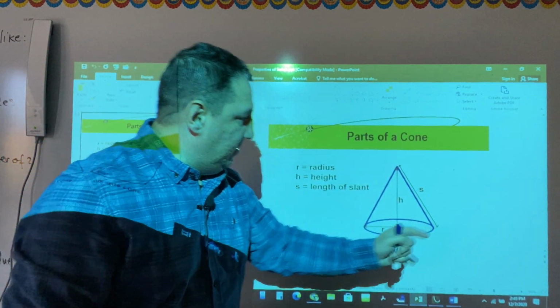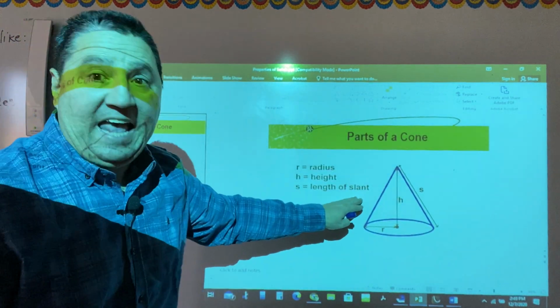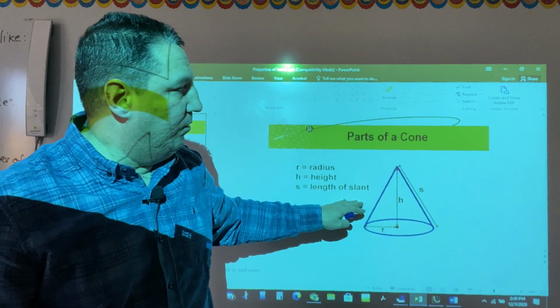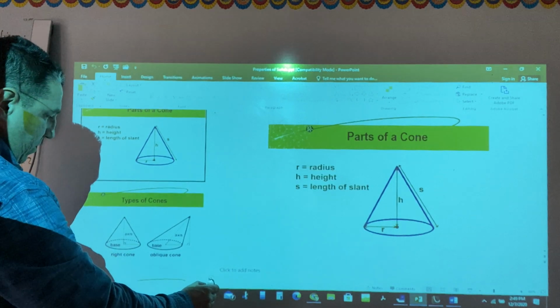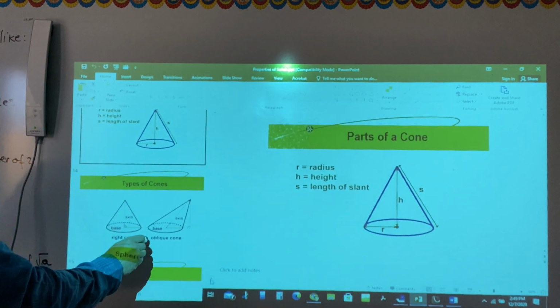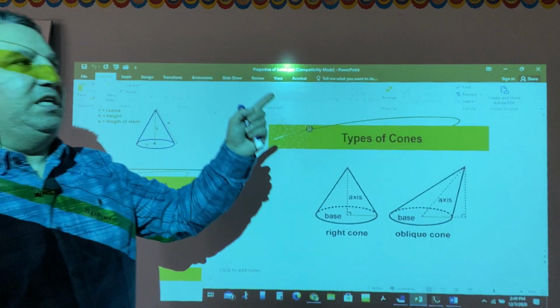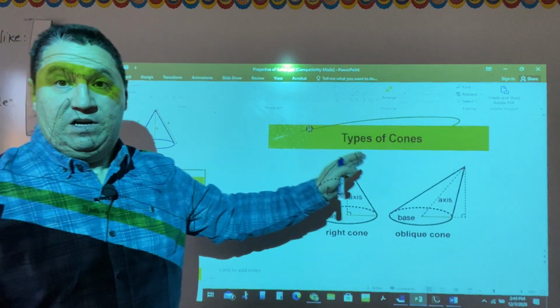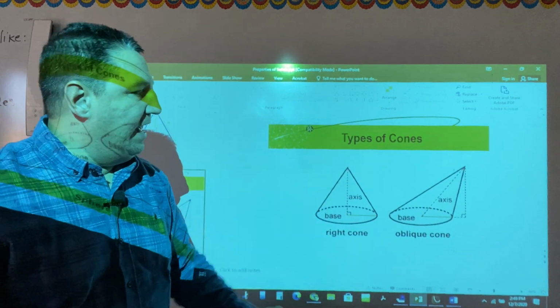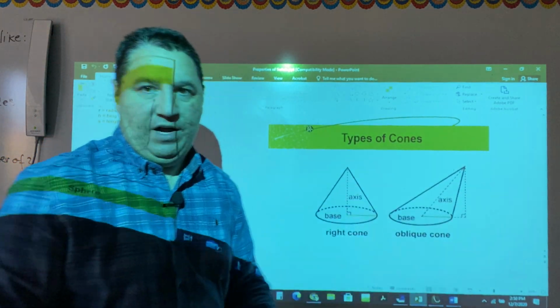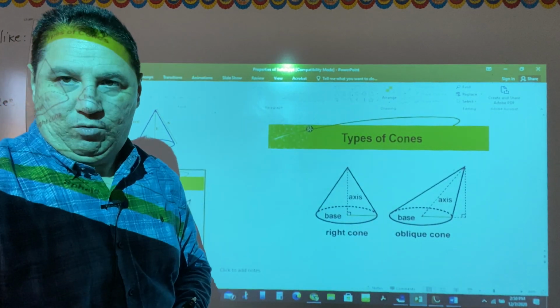And s is called the slant height. Like we had for cylinders, we also have two types of cones: a right cone and an oblique cone, a tilted cone.